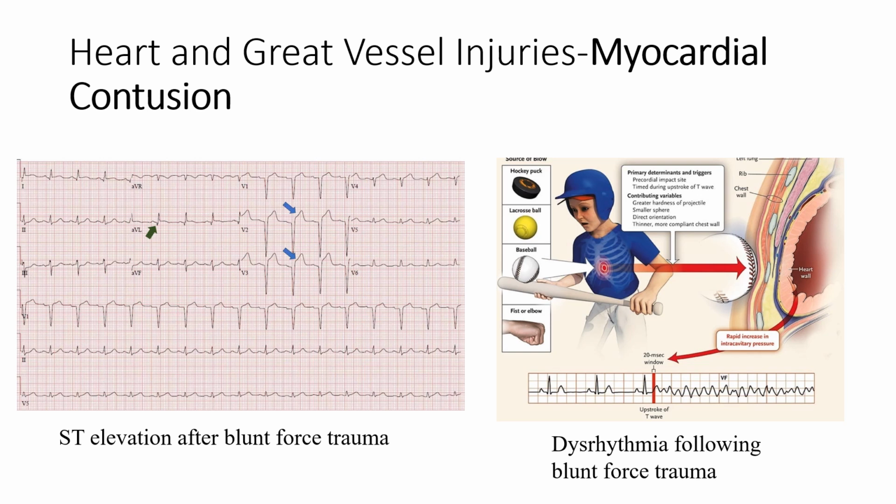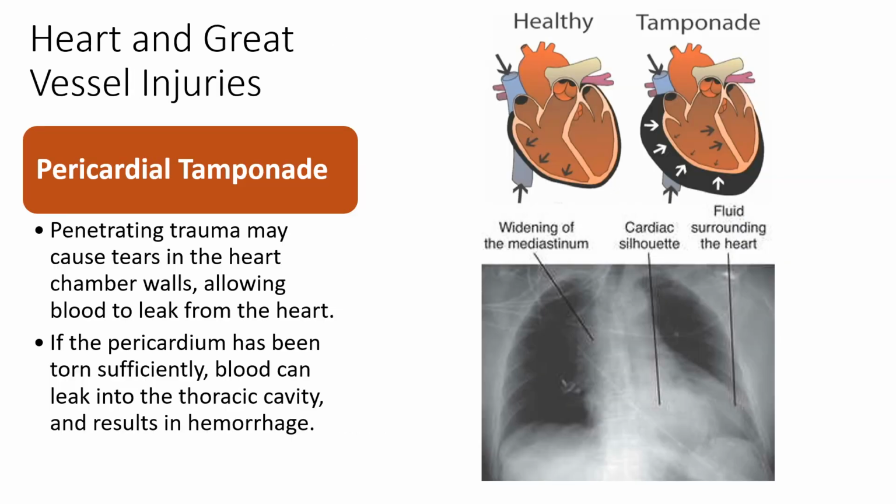This is more of the myocardial contusion itself, where you can show ST elevation due to a delay in conduction, just because we're having that contusion around whatever area this is. So we're looking at a bit of an anterior septal strike causing a contusion in that area and a slowing of conduction.